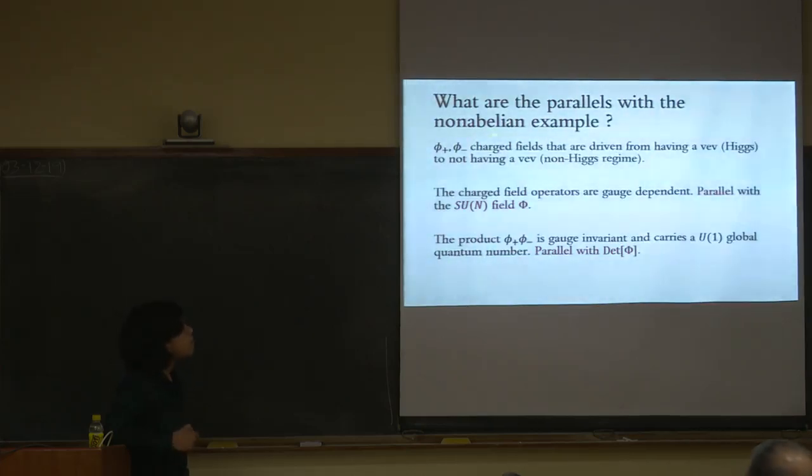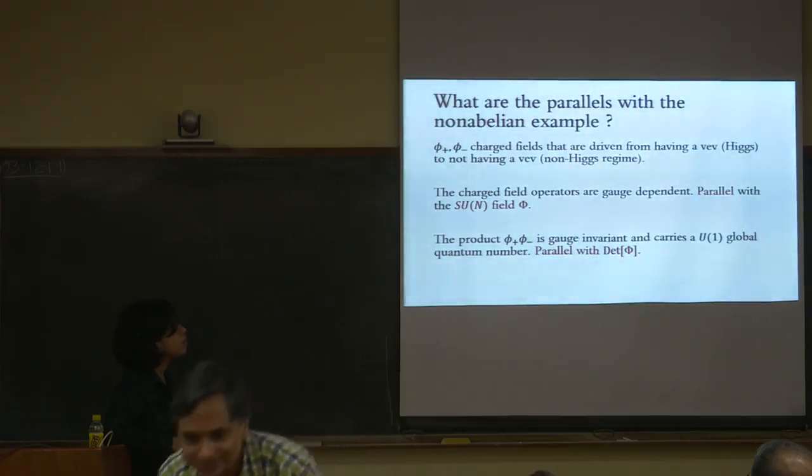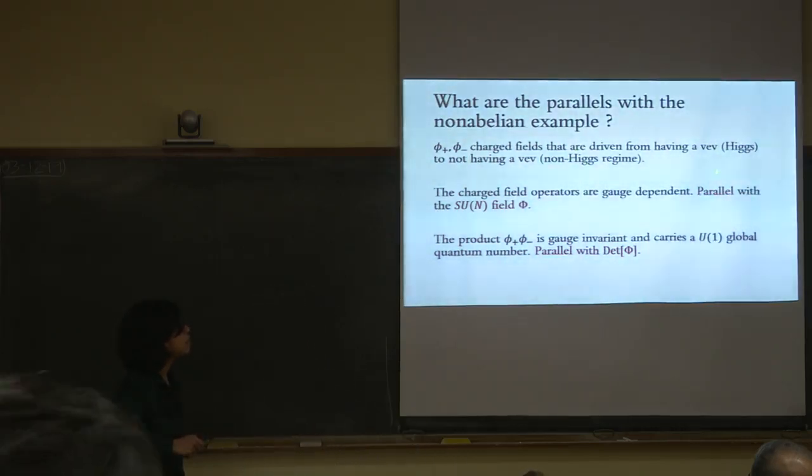So now what's the parallel with the example that I discussed yesterday? So first of all, the phi plus and phi minus charge fields are going to be driven from having a wave to a region where they don't have a wave. So I'm going to take from Higgs to non-Higgs regime as I dial parameters. Now the charge field operators are gauge dependent.